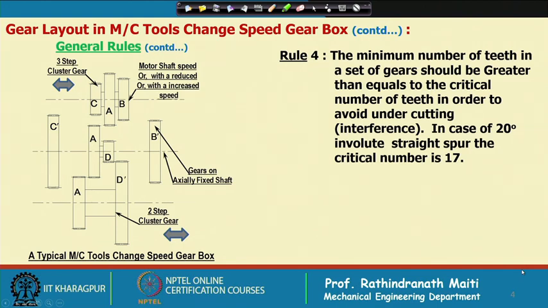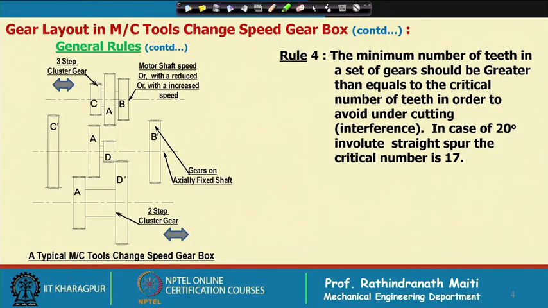Now, rule 4 is that the minimum number of teeth in a set of gears should be greater than or equal to the critical number of teeth in order to avoid undercutting.